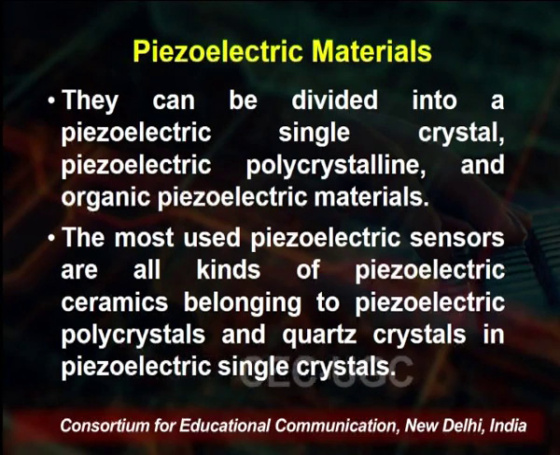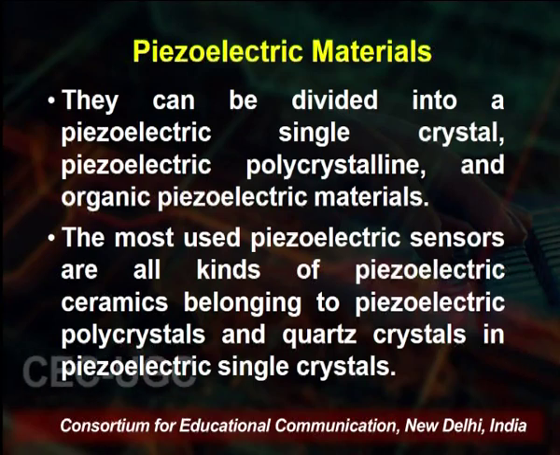The piezoelectric material which we are choosing must be divided into piezoelectric single crystal, piezoelectric polycrystalline and organic piezoelectric material. So, the materials which we are using for the sensors may be any of these.